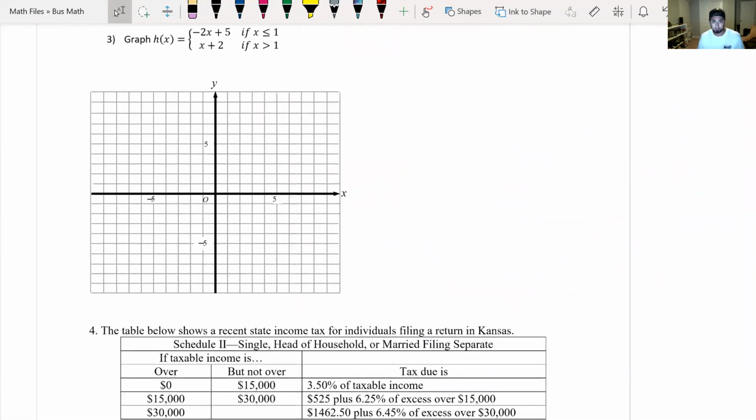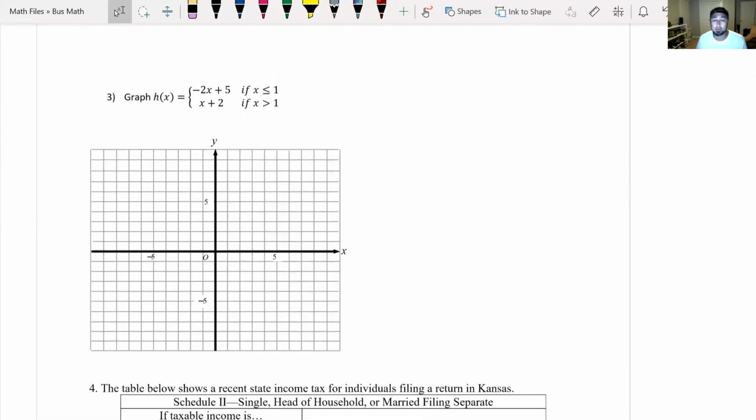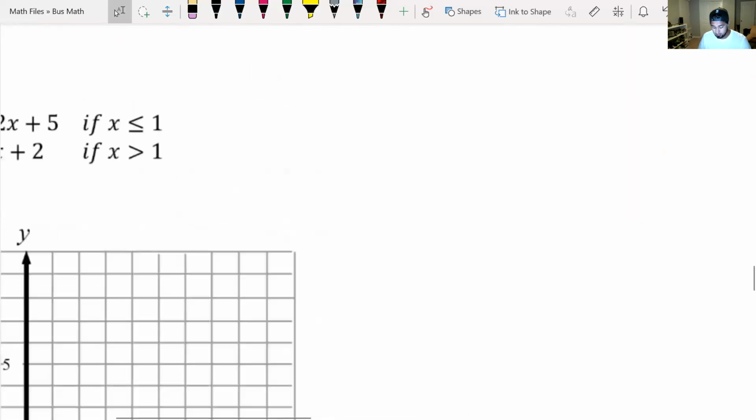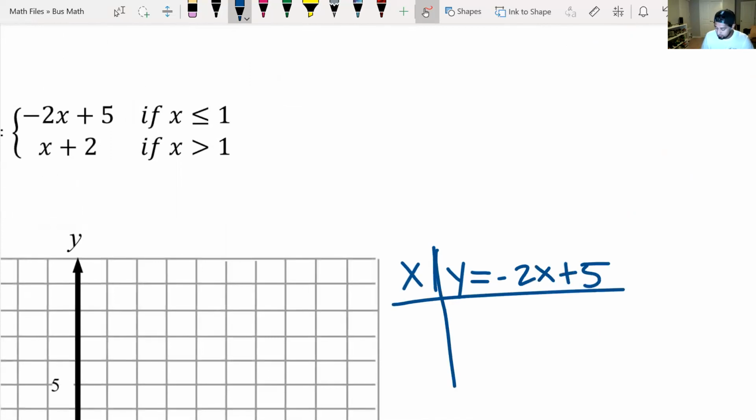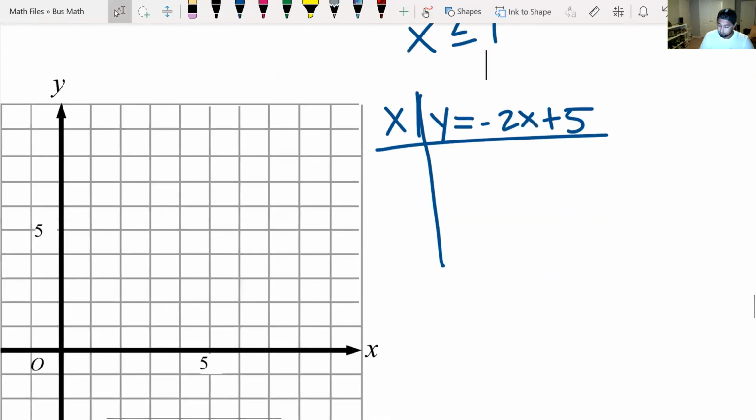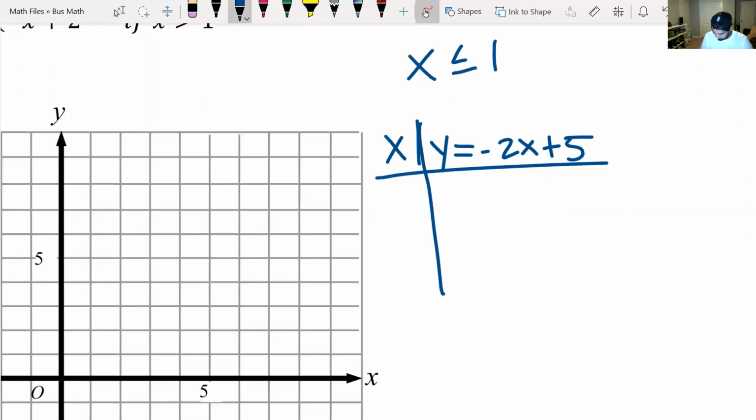Last one to graph. Negative 2x plus 5 for x values less than or equal to 1. So again, x and y equals negative 2x plus 5. And we will choose values of x less than or equal to 1. Okay, once again, it's giving us the numbers to pick.